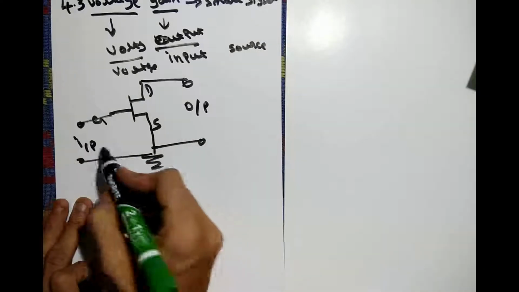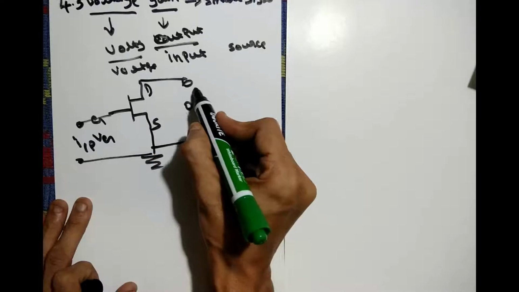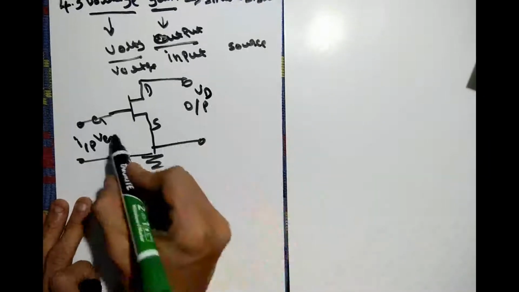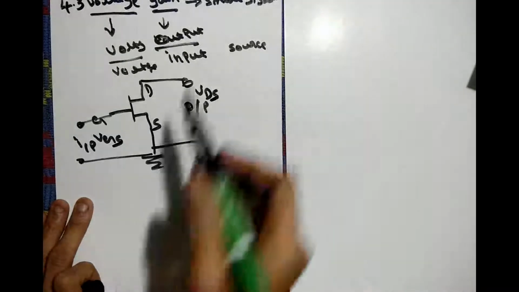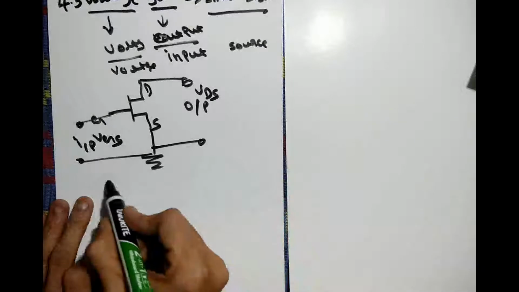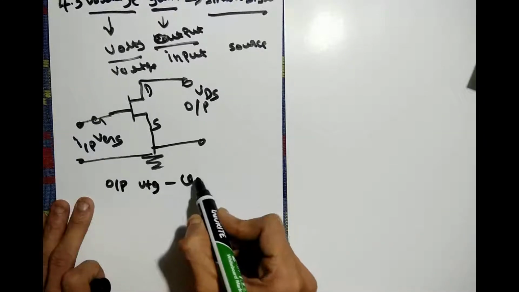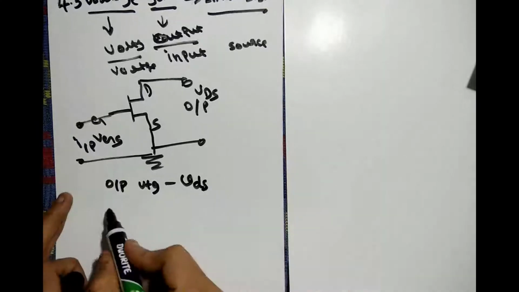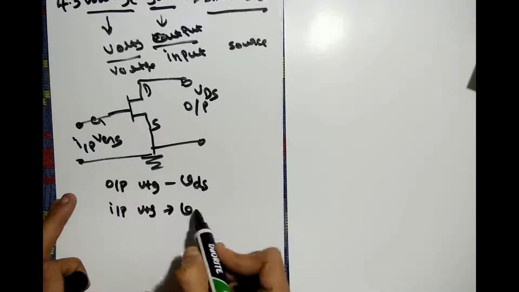Input is usually VG and output usually VD, but since the source is common, we can take VGS and VDS. Here we are talking about small signal, so we go with the AC signal. So the output voltage is the small vds in your AC signal. Similarly, the input voltage is small vgs.